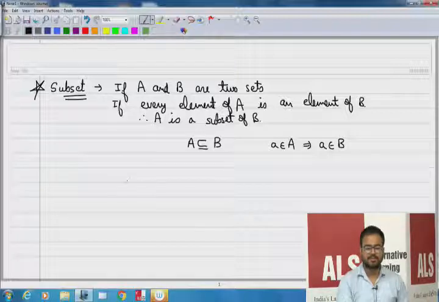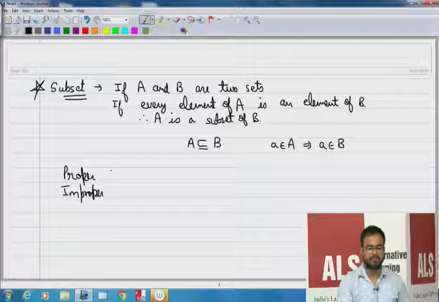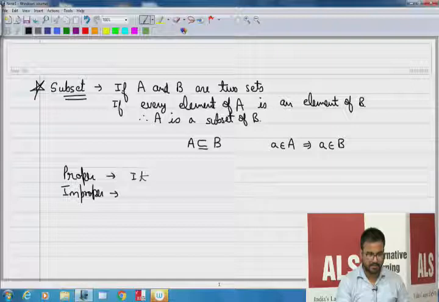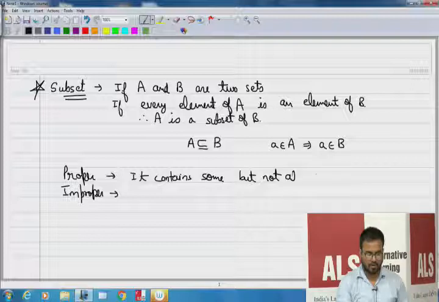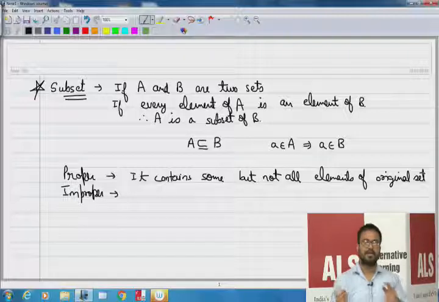Now, 2-3 points we have to discuss. There are two types of subset, proper and improper. What are proper subsets and improper subsets? A proper subset contains some but not all elements of the original set.